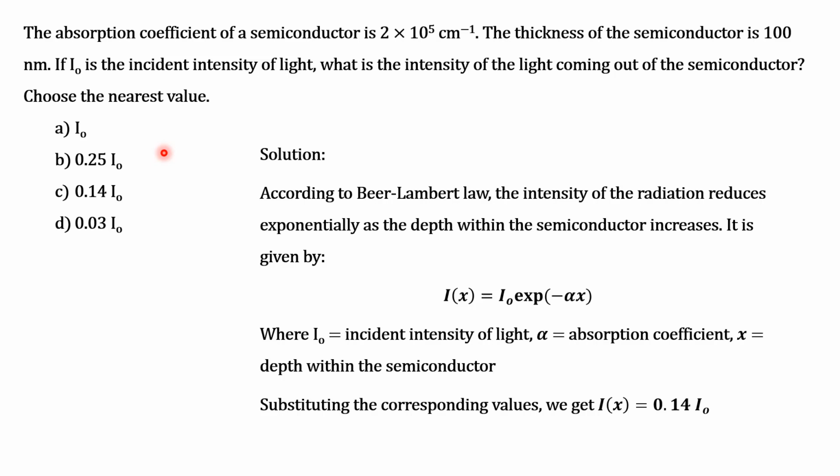Ma'am, it is just the absorption coefficient multiplied by the thickness, and the exponential of that value gives 0.99. Then I converted the nanometers into meters and centimeters also into meters. Ah, yeah, ma'am, I got it. In the conversion, the centimeter inverse was there. Okay, fine.